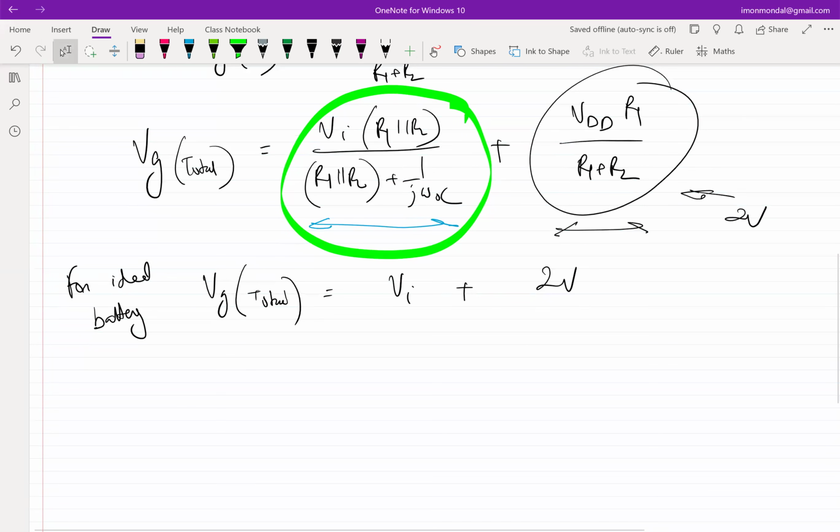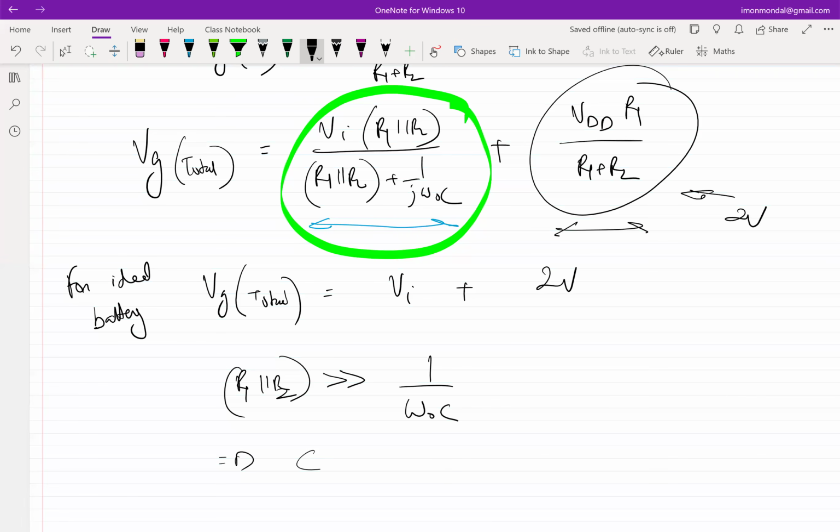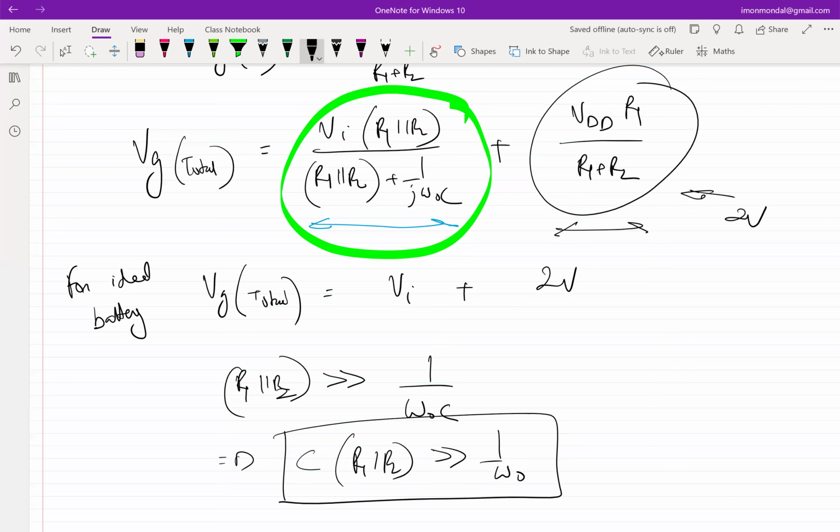So what is the condition? The condition is R1 parallel R2 should be much greater than 1 by omega C. Or in other words, C times R1 parallel R2 much greater than 1 by omega naught. So now you see that R1, R2 and capacitor values are all design choices. We can choose the values as we please.